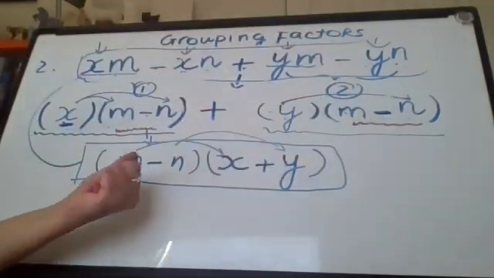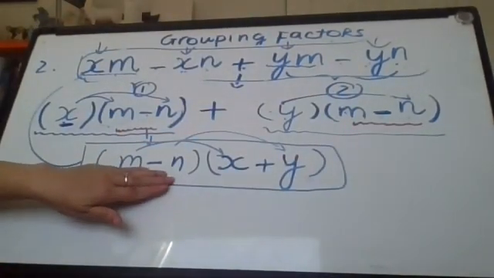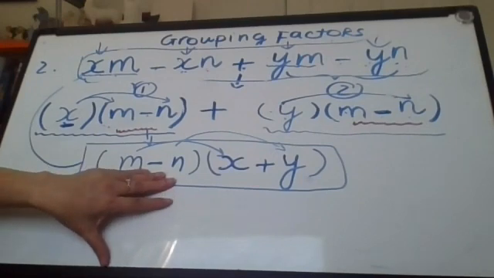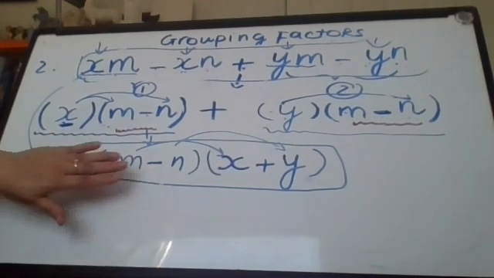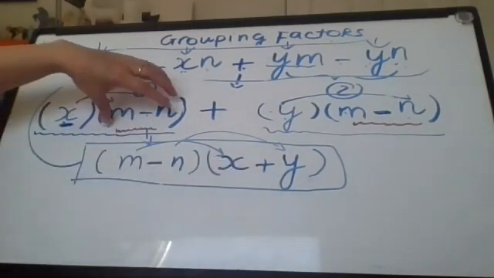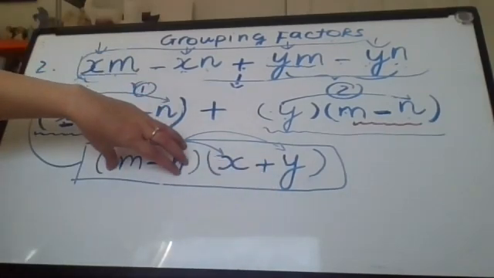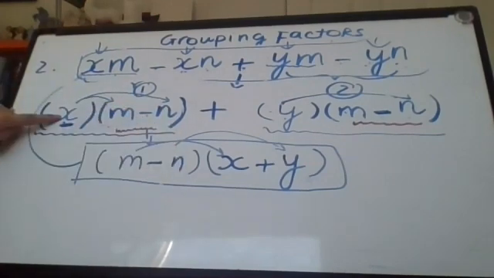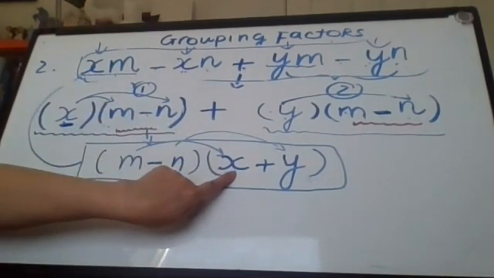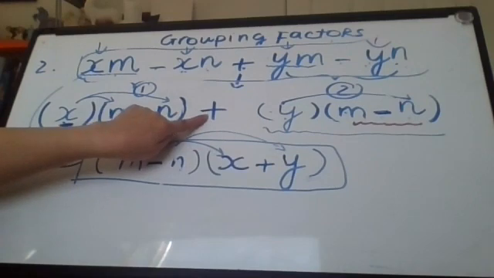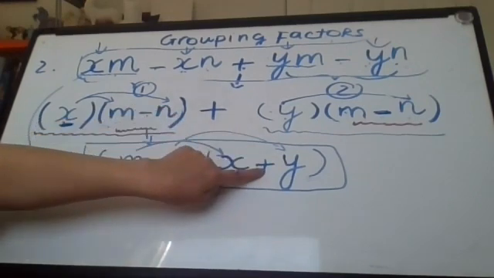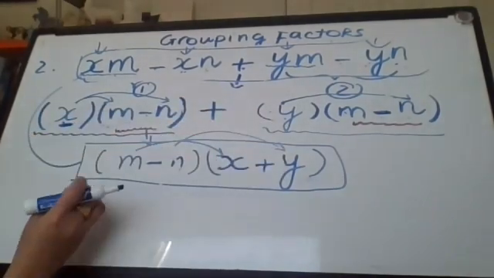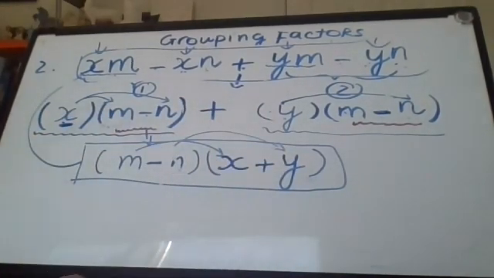So I pull out that common factor, and I continue to factor. I make 2 brackets again, and I pull out the common factor. I put it in the first bracket here. This goes in here. What is left over is X, and I put an X in the second bracket. The plus sign goes in here, and the Y goes in here. So now I'm done. I finished.